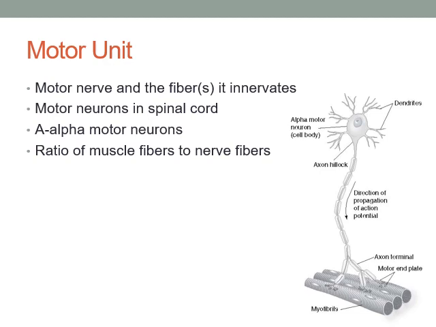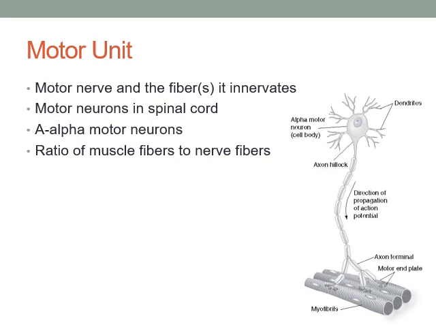So, for instance, take a muscle like your quadriceps in your thigh. The quadriceps is used for more big gross motor activities, as opposed to the small muscles in your hand. The small muscles in your hand have to do very precise, very delicate movements.